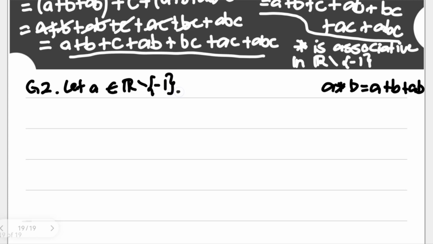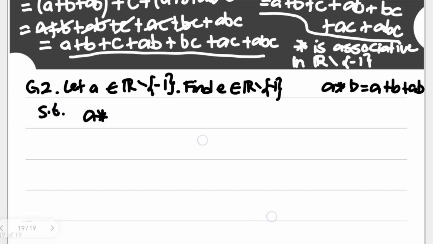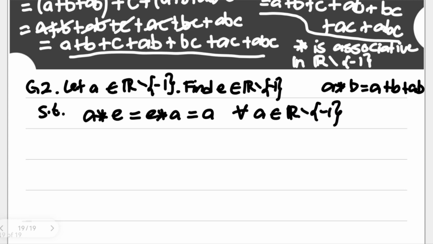And we're going to find E, still an element of the set of real numbers except for the set containing -1, such that we have A star E is equal to E star A equal to A, for all A element of the set of real numbers less -1.